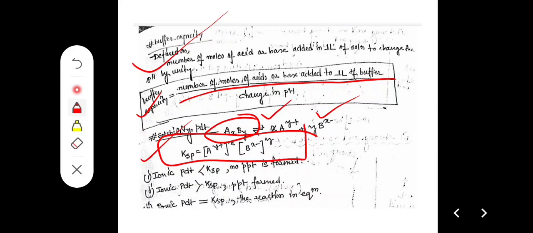Now we experimentally get this value. The first one: if the ionic product is less than Ksp, no precipitate is formed. If the ionic product is greater than Ksp, the precipitate is formed. And when they are the same, the reaction is in equilibrium.